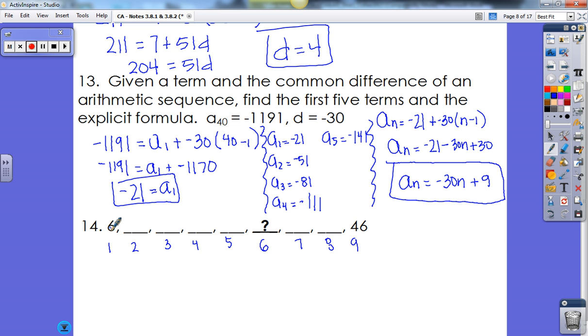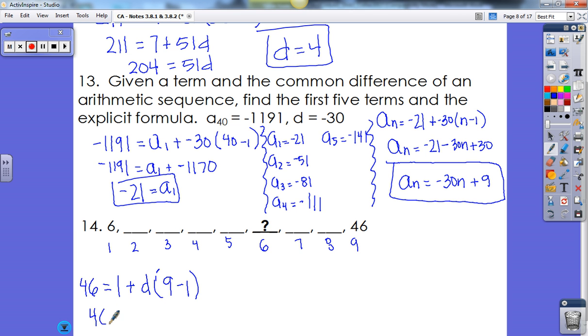So I've got the first term, which is 1, plus my common difference, which I don't know, and then I'm going to use this term because it's the only other information I have. So it's the 9th term, and the specific value of that 9th term is 46.